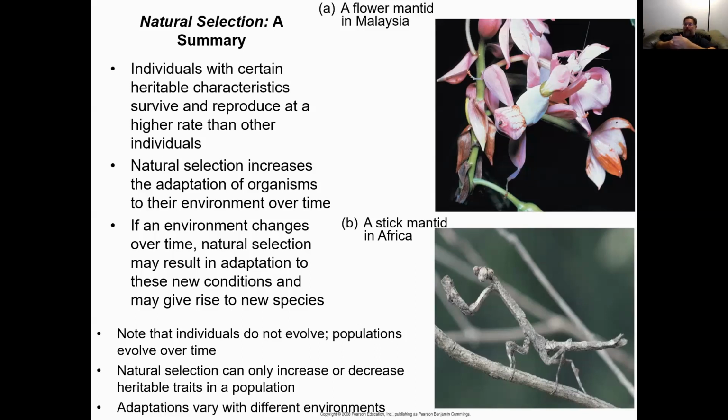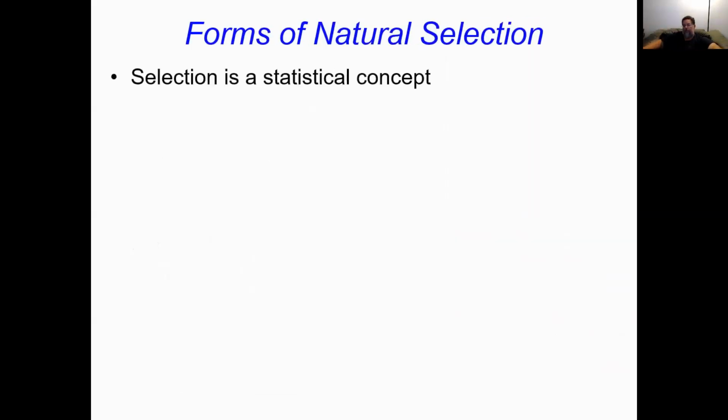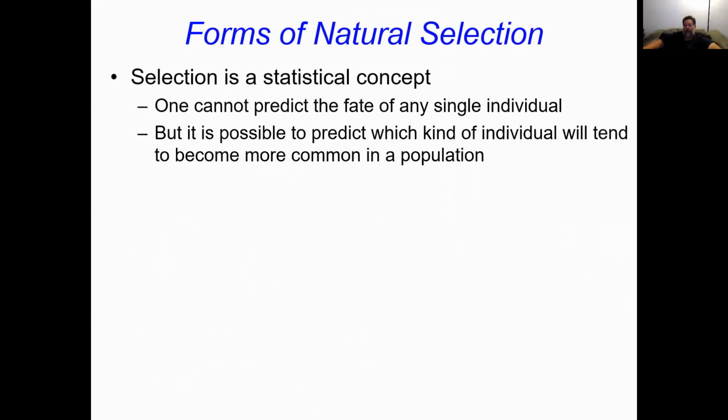Or in the case of praying mantises, if you don't look like a stick, those individuals that don't look like a stick disappear over time. So adaptations vary with different environments. If you live in a snow environment, you're going to adapt or go extinct in that snow environment, and the same for a desert environment, and so forth. Environments change, and you have to have the traits to survive.